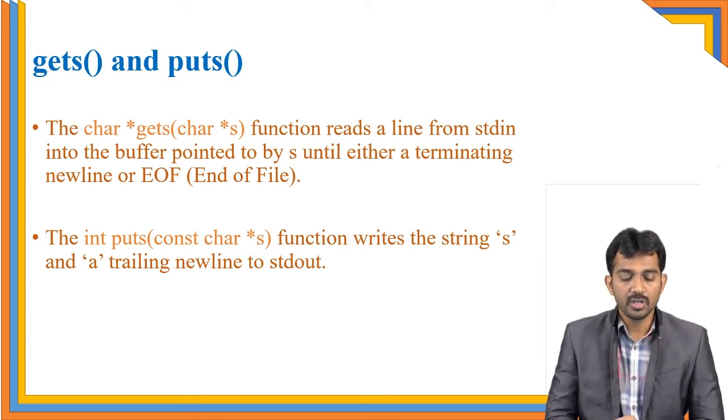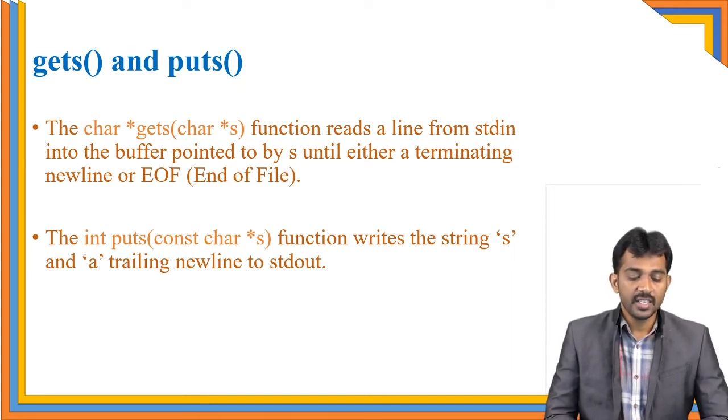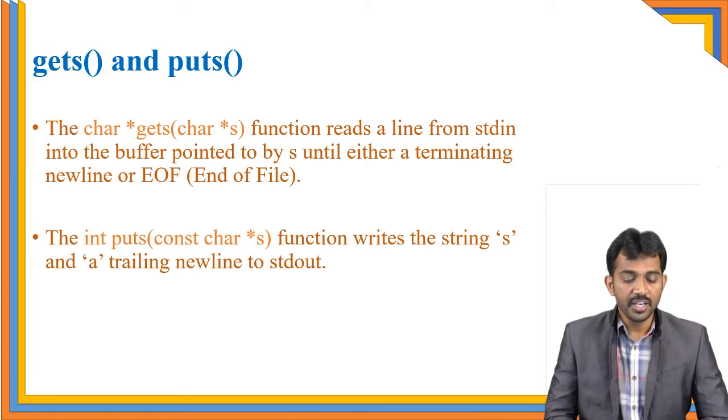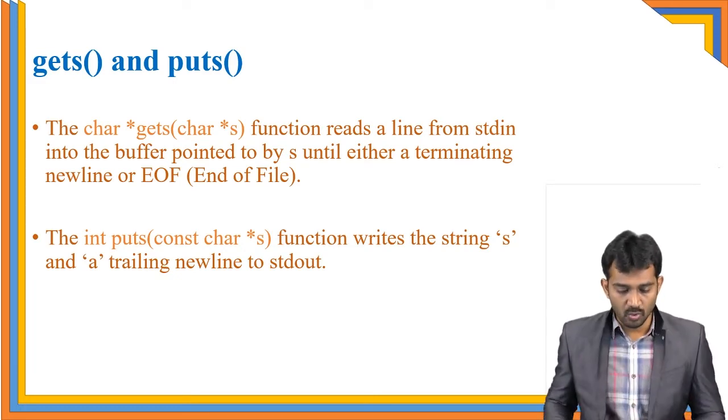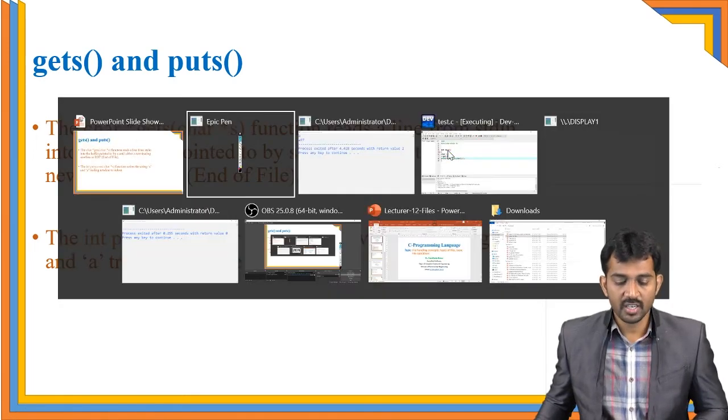Coming to puts, it is a function that writes a string and a trailing new line to stdout, right? So we'll see what the output is and how it will work.